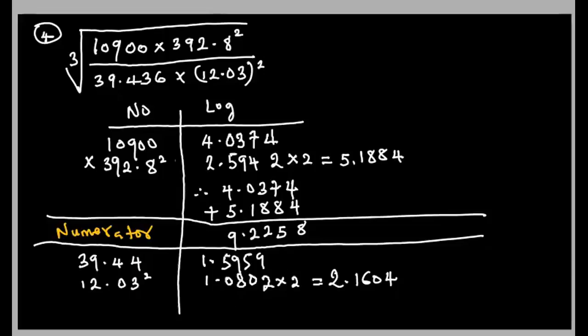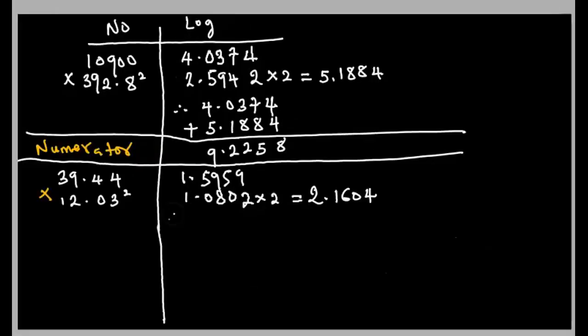And so therefore, this is the value for our... okay, we are not yet done, sorry. Since we are multiplying here in the denominator, we need to add the values there. So therefore, let's now add our values.